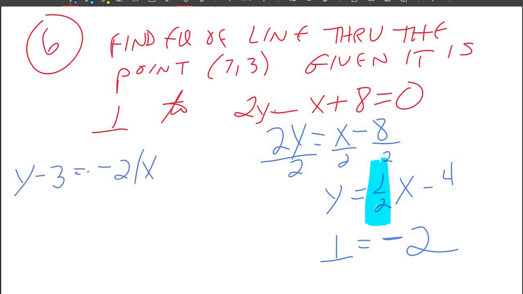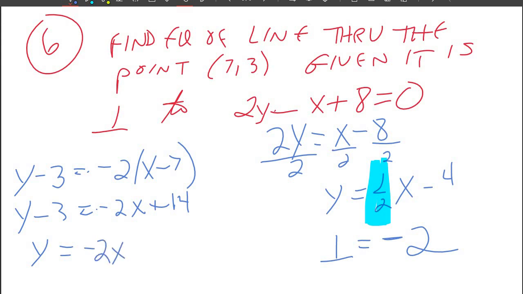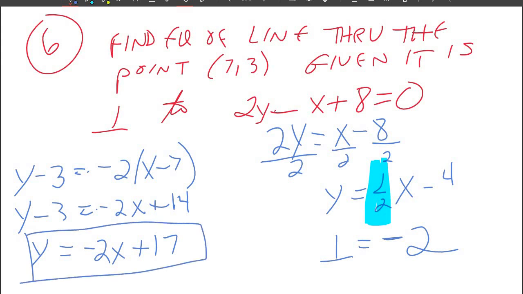So now over here in my formula, we're going to have y minus 3 equals -2 times x minus 7. Do the distributive property. Let me fix that. And then add 3 to both sides, and we'll get 17. So, perpendicular. Flip the sign, flip the number.